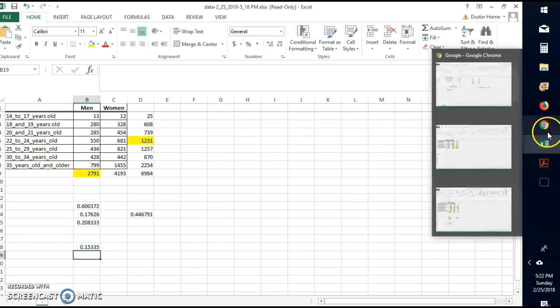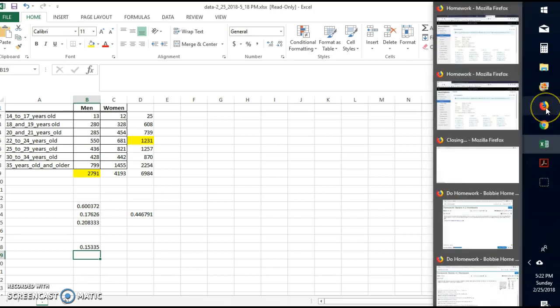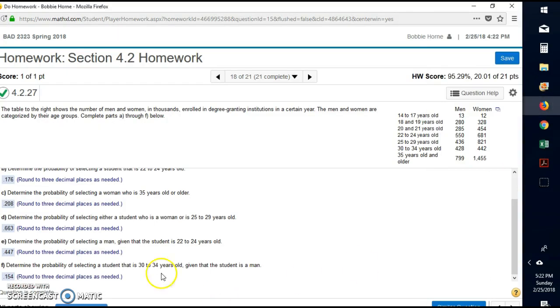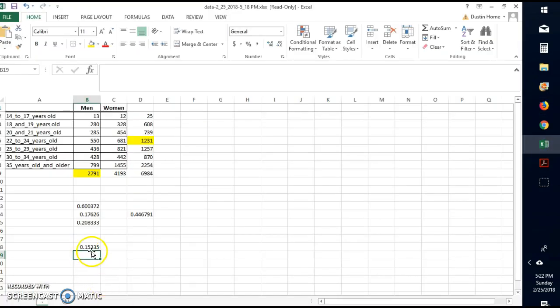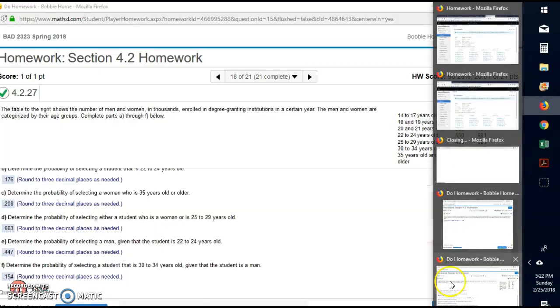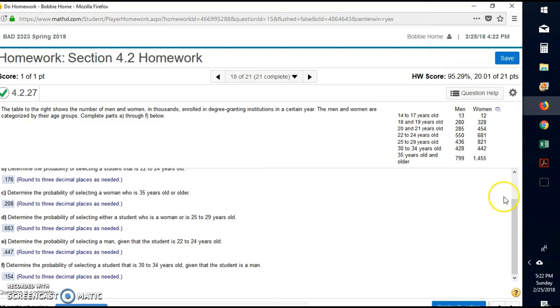So 0.153. 0.154. Did I not round right? That would be 0.154. It should round up. I'm not sure what I did wrong there. Determine the probability of selecting a student that is 30 to 34 years old, given that the student is a man.